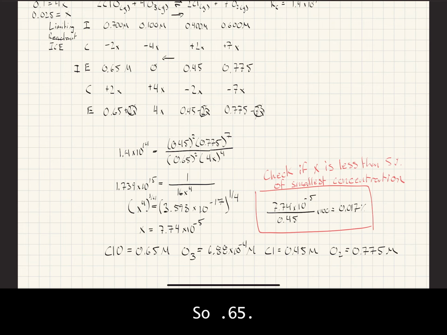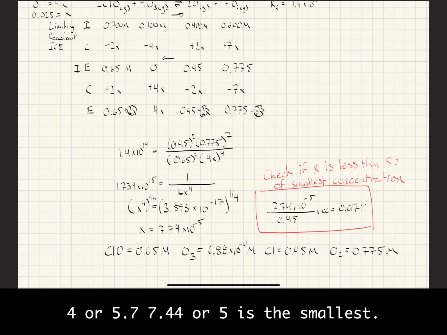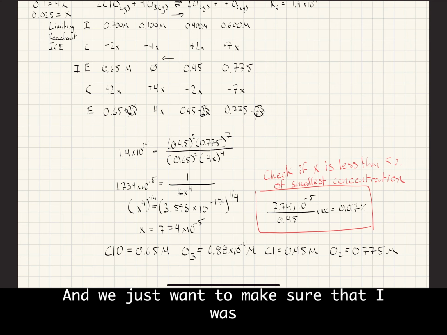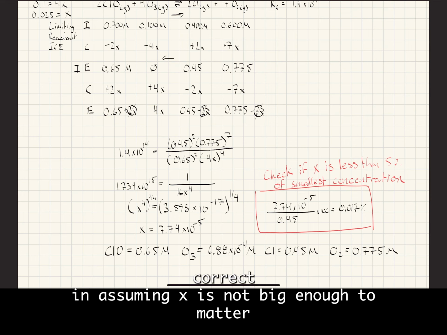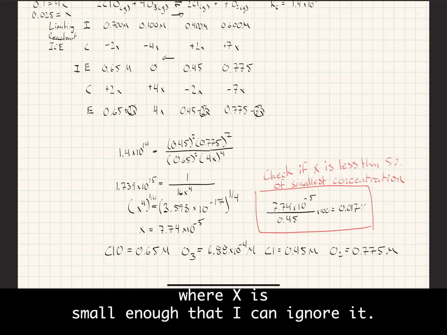So 0.65, 0.45, 0.77, 0.45 is the smallest. And we just want to make sure that I was correct in assuming x is not big enough to matter, or x is small enough that I can ignore it.